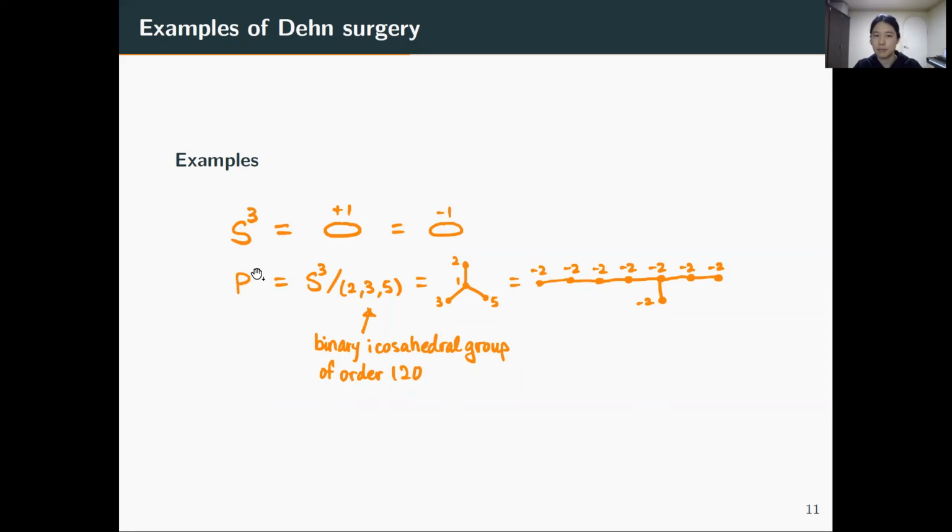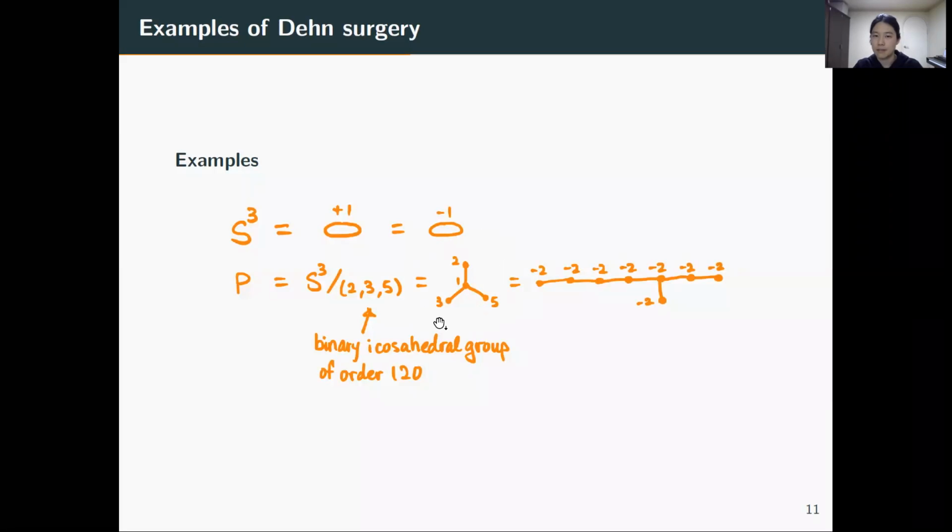Here, the second example is what's called the Poincaré homology sphere. It's the quotient of S3 by a finite group of order 120, and it has various surgery descriptions. One of them is this one.